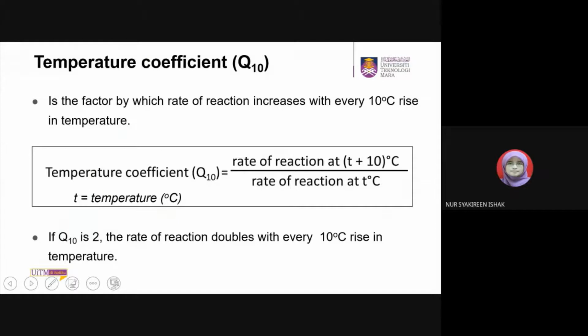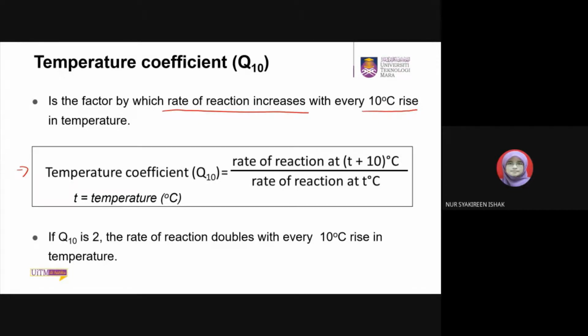Okay, so next is temperature coefficient, Q10. So Q10 is the factor by which the rate of reaction increases with every 10 degrees rise in temperature. So every 10 degrees rise in temperature will cause the rate of reaction to increase. By how much? How do we know by how much? You use this formula, the temperature coefficient Q10.